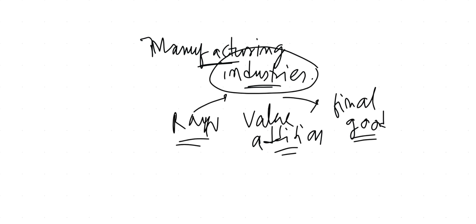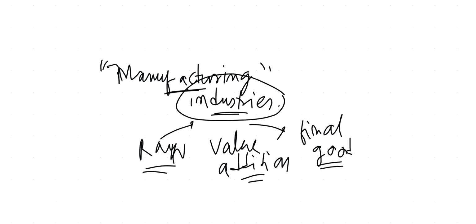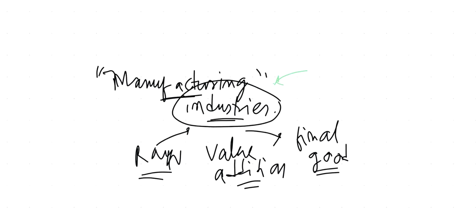Now, manufacturing is a type of which activity? The type of secondary activity.